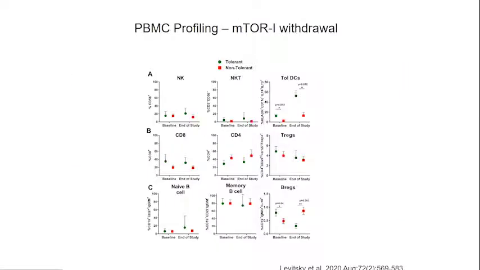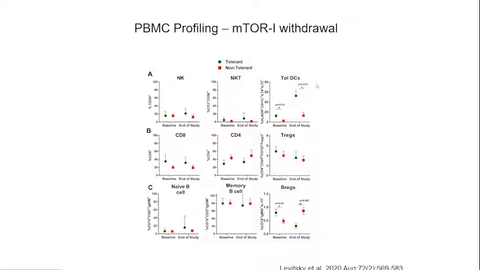We performed a study where we withdrew a small cohort of patients off mTOR inhibitors because they may have immunoregulatory properties or tolerogenic properties. And we found a PBMC profile that appeared, before withdrawal, to predict the ability to achieve tolerance.